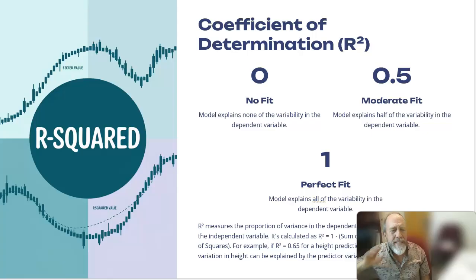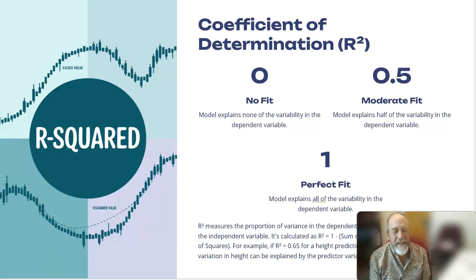Now, what does that R squared mean? Well, if the data fit perfectly, the value would be 1. And if you had 2 observations and you did a least squares analysis to fit it to y equals mx plus b, you're going to get 1 every time with 2 values.